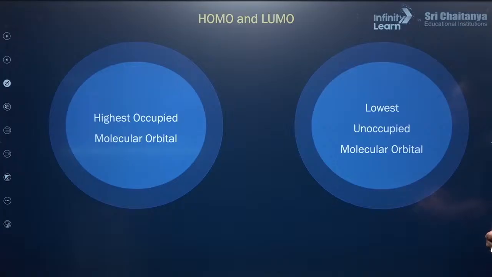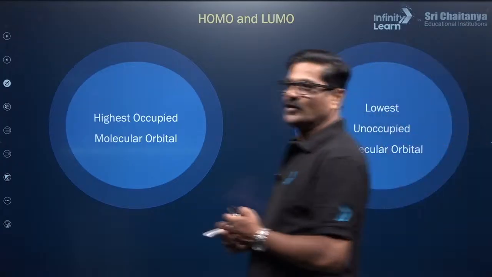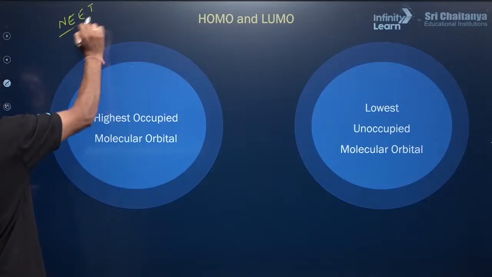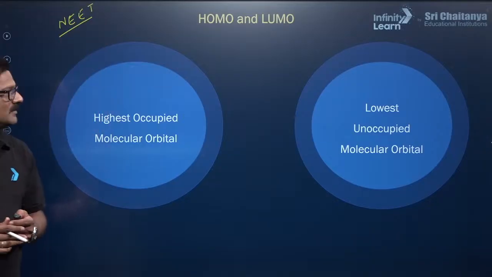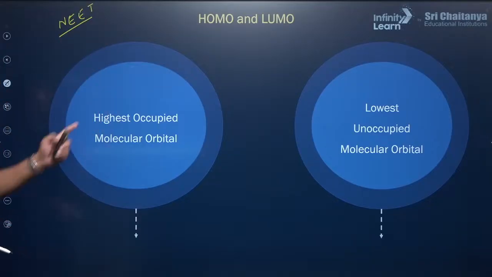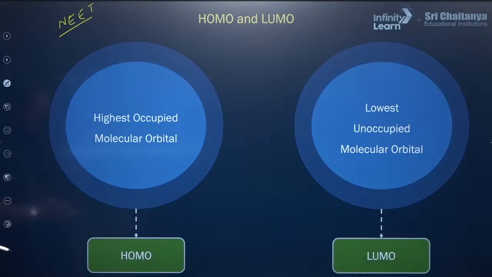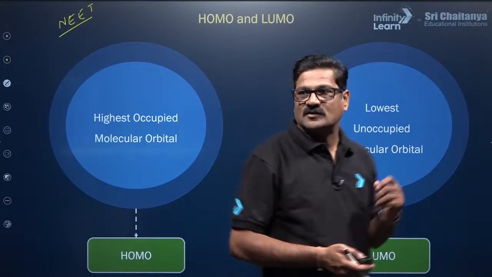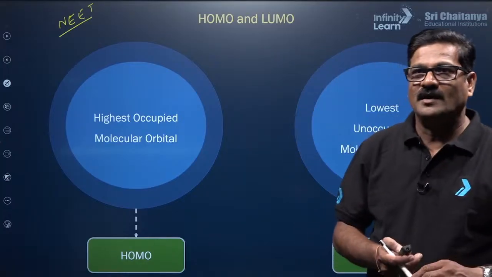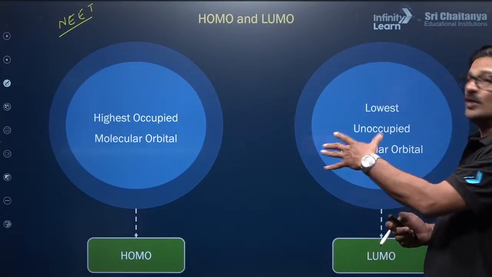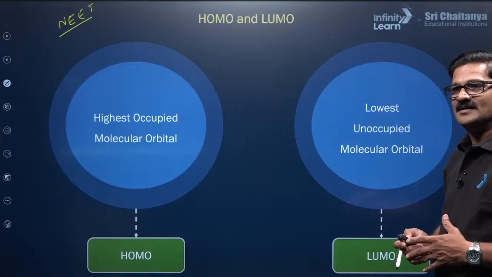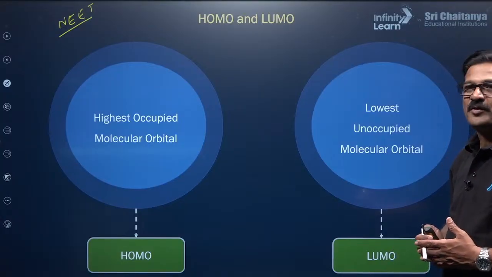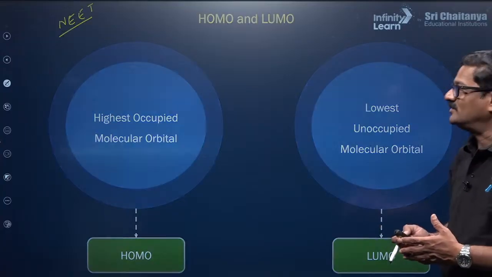These terminologies, HOMO and LUMO, are very important for the NEET examination. The highest occupied molecular orbital is called HOMO, and the lowest unoccupied molecular orbital is called LUMO. And how to figure this out? It is self-explanatory, we can do it.